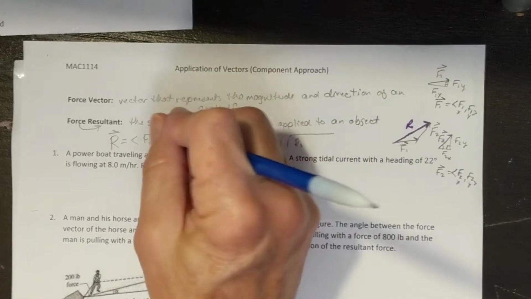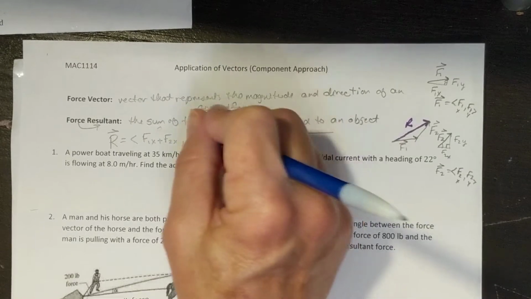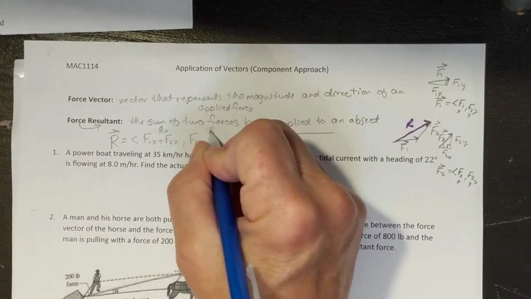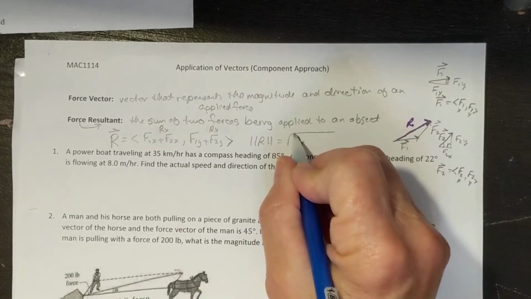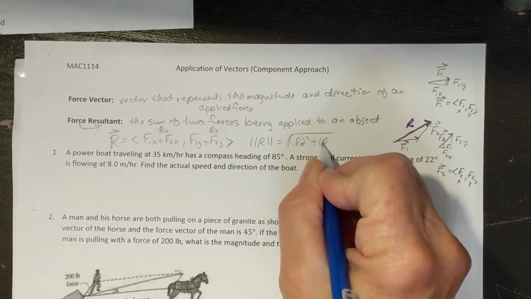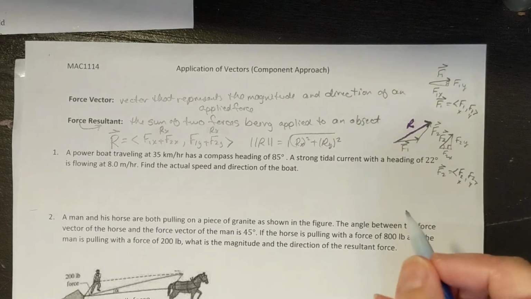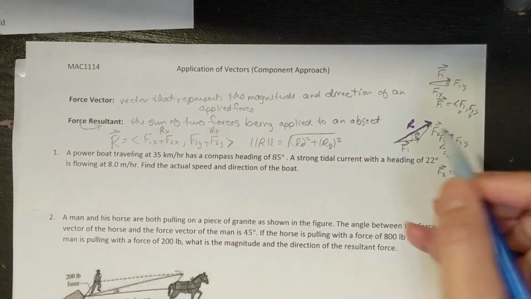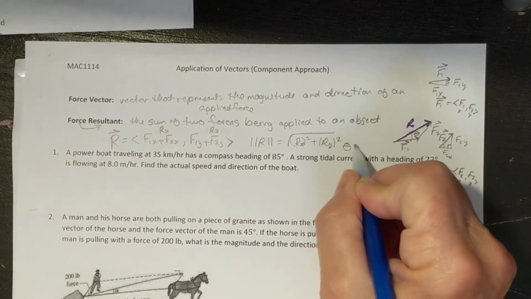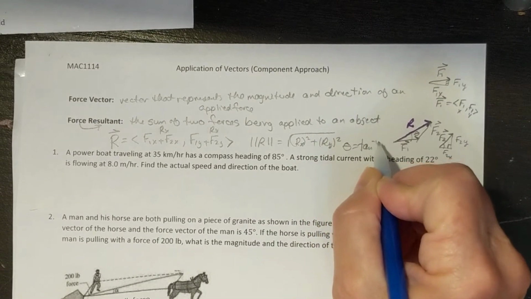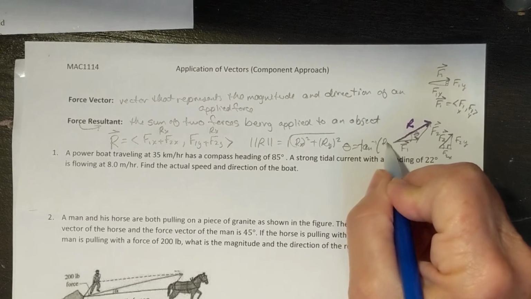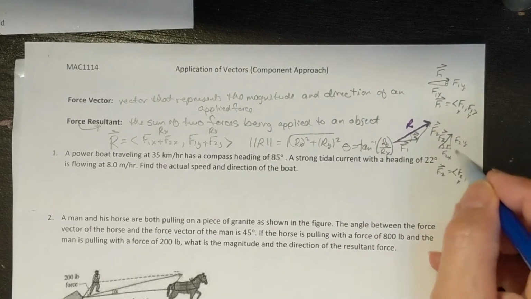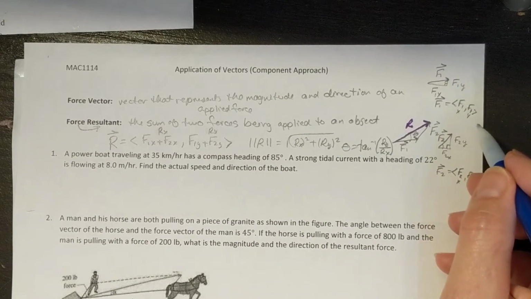I don't need to say R1 or R2, I'm sorry, just Rx and Ry, because these have been added. That's its resultant. And then its angle, theta, is equal to the inverse tangent of Ry over Rx.